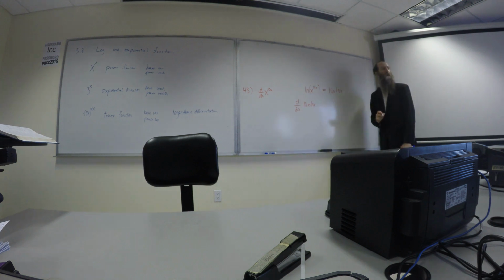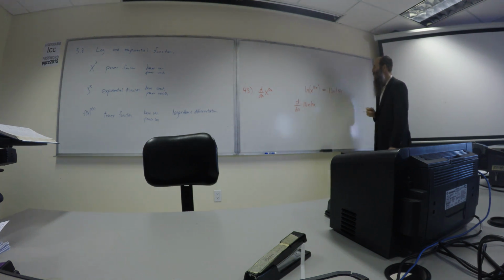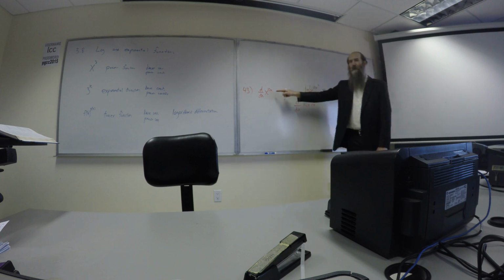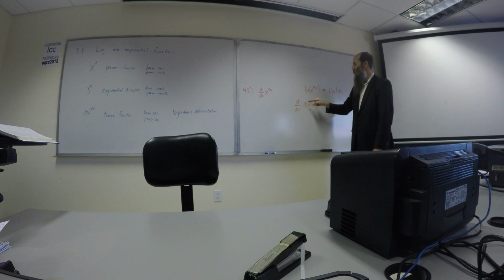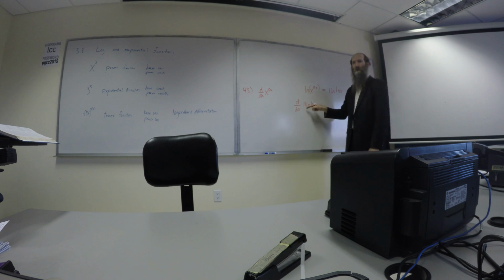It's no longer a tower. It's just a product, 10x times ln x. And then take the derivative. Remember, you have altered the function though. This is not the same as this, right? This is inside a logarithm, and it's outside a logarithm. So you're now differentiating not your original function, but a changed function. So we have to fix it in a second.